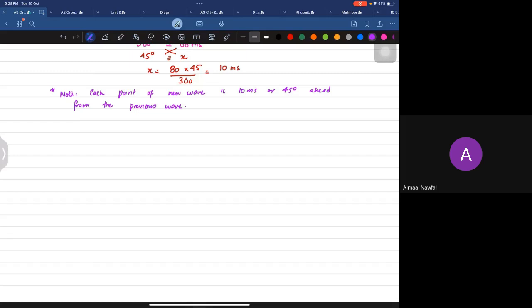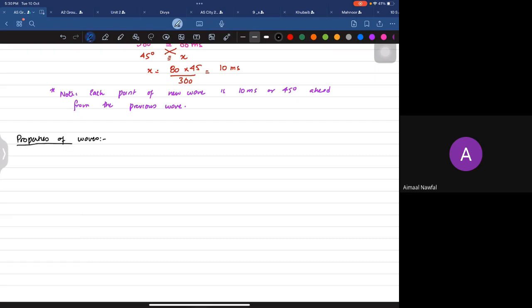All right, Abdullah. Now we're going to look at some of the properties of waves. Generally, we see these properties on a ripple tank. The ripple tank is not in our course directly. You won't be asked about the ripple tank.